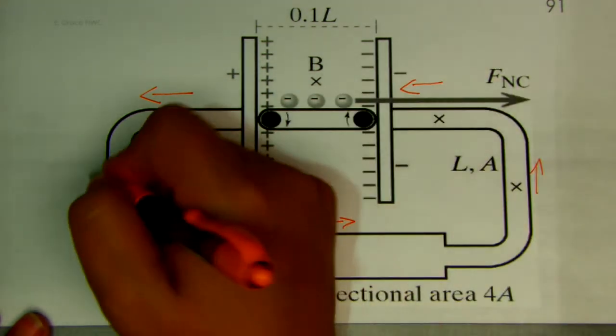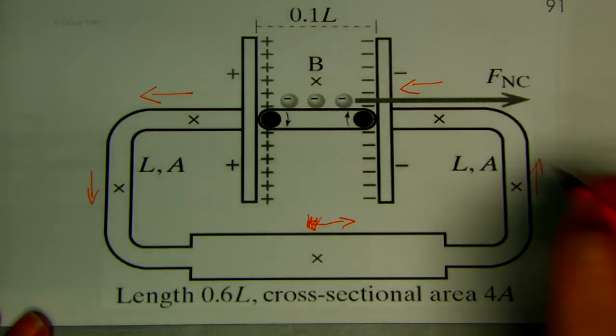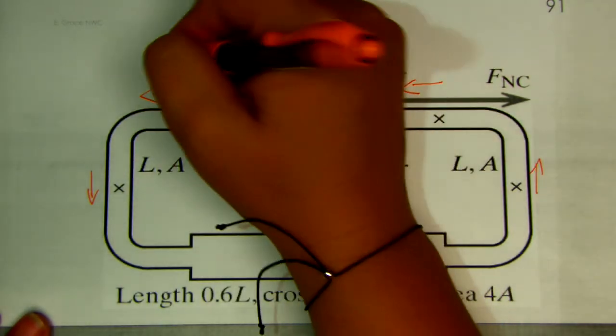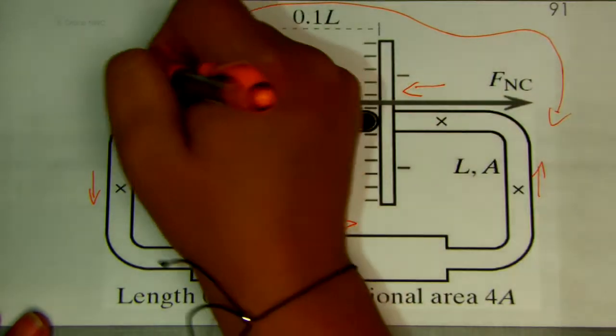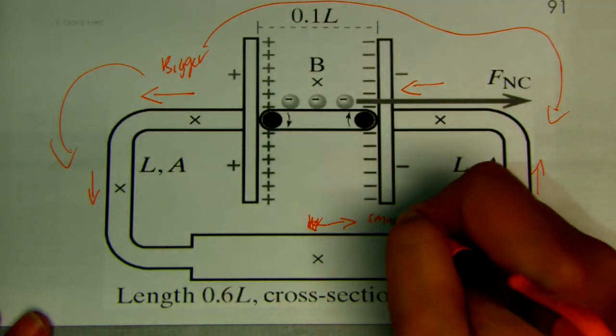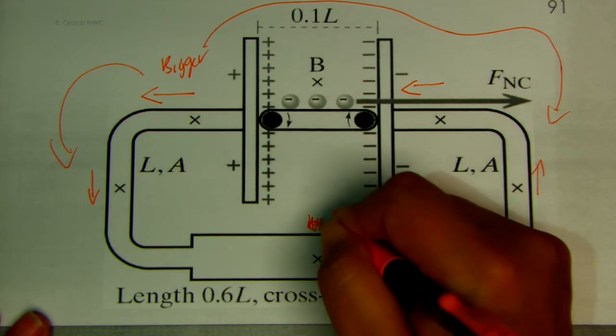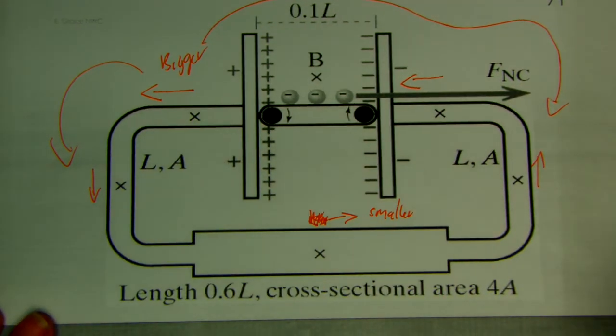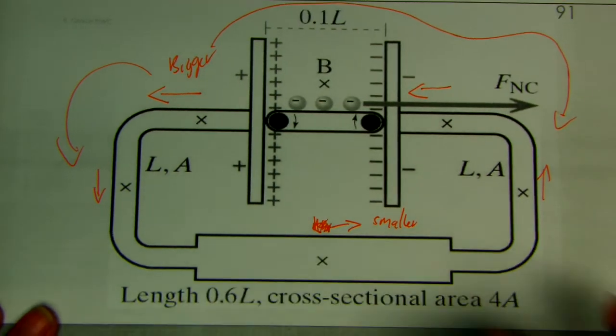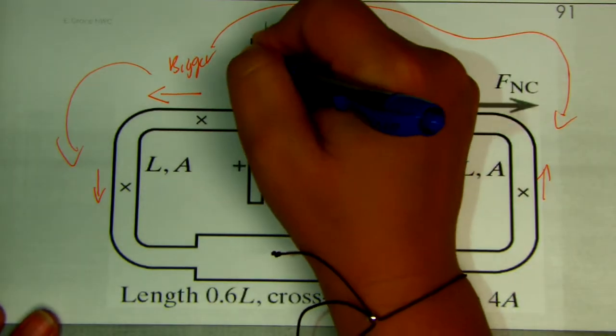Again, following along and so forth. So the electric field is going to be bigger on these wires and smaller on this one.